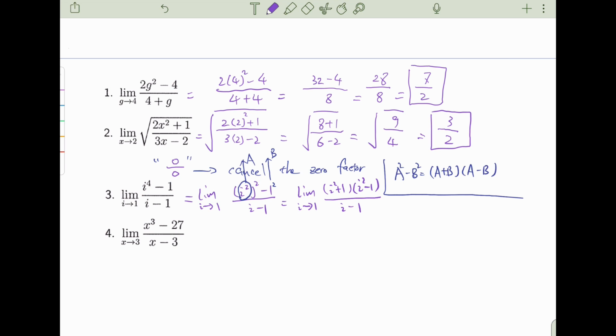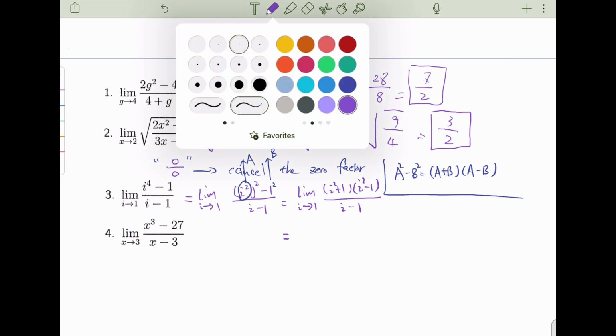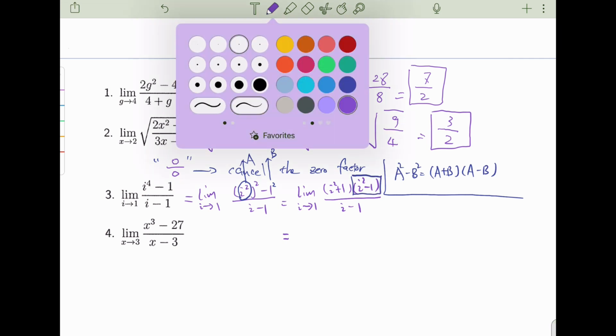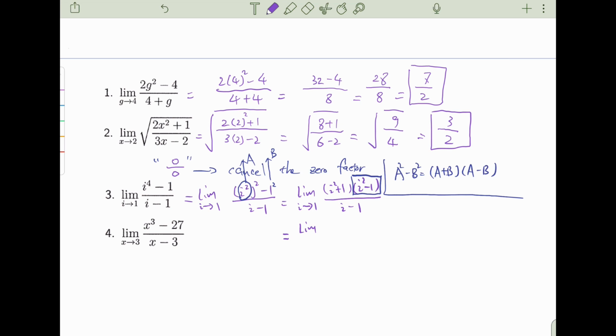And the next step after that is that I continue to factor this expression, I squared minus 1. I use this difference of squares formula once again to factor I squared minus 1 into (I plus 1)(I minus 1) divided by I minus 1.